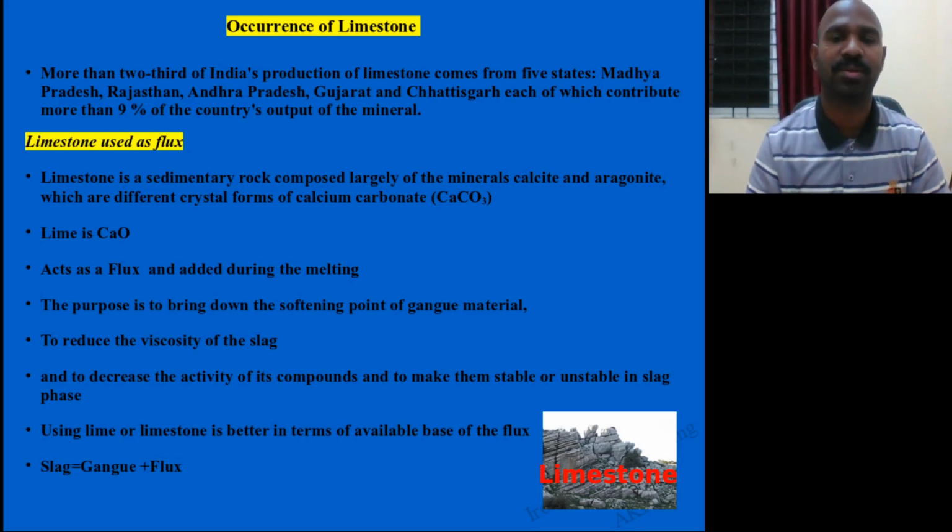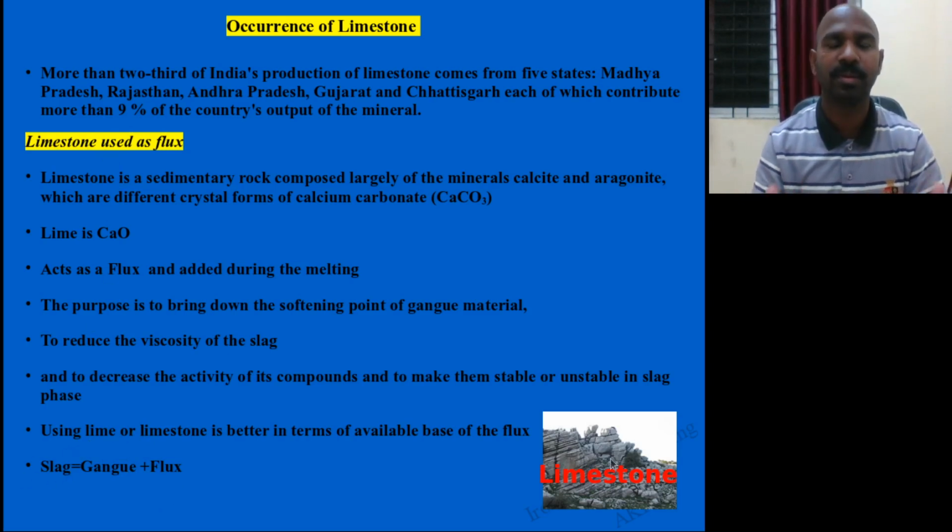The definition of slag is the impurity material evolved during the production of pig iron. Even though iron ore has some gangue material, how do you remove it? Unless you add the flux, you cannot remove the slag. The gangue is associated with the iron ore, and when you add the limestone, that is flux, you can remove the slag.